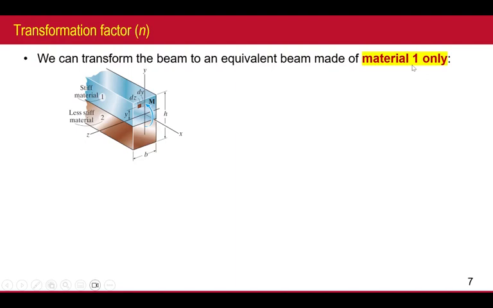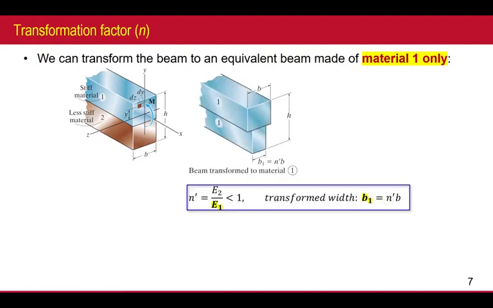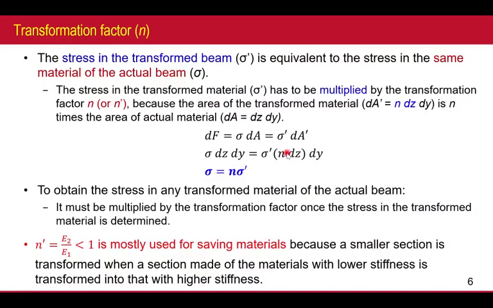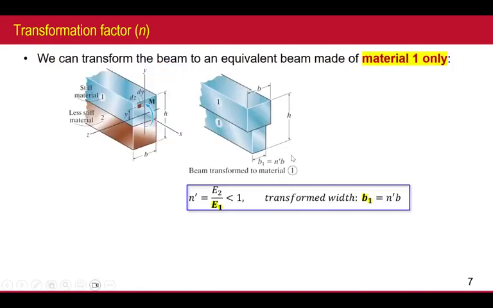For this kind of case, we must convert. This is very important for you to work out. So we can draw it this way. Material 1 will keep the same, and material 2 definitely will become smaller because, as we mentioned before, it is based on n dz. So E2 over E1 should be less than 1. But how can you know which one is E1 over E2 or E2 over E1?